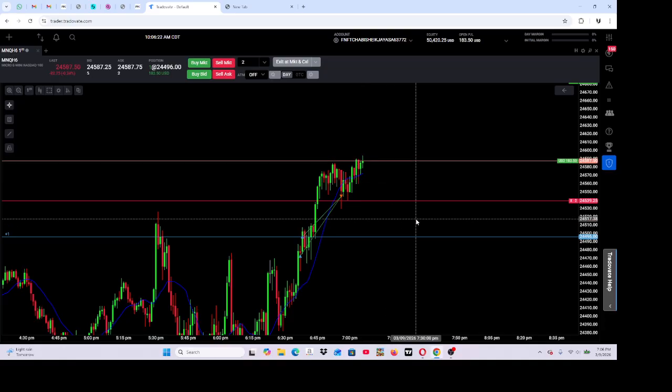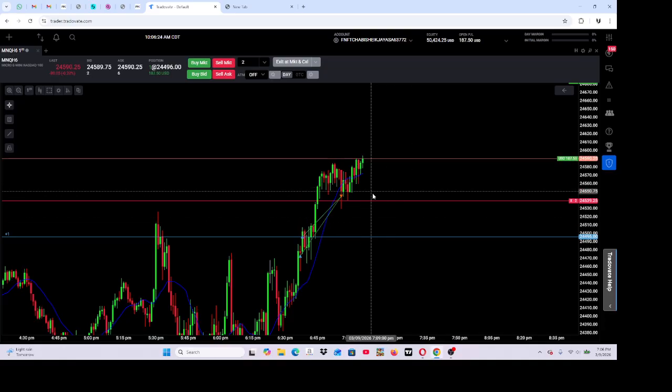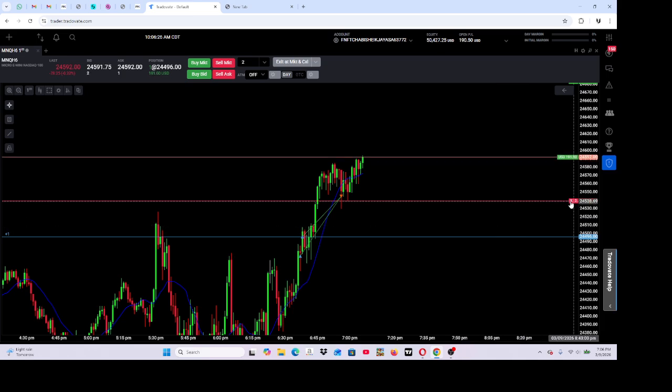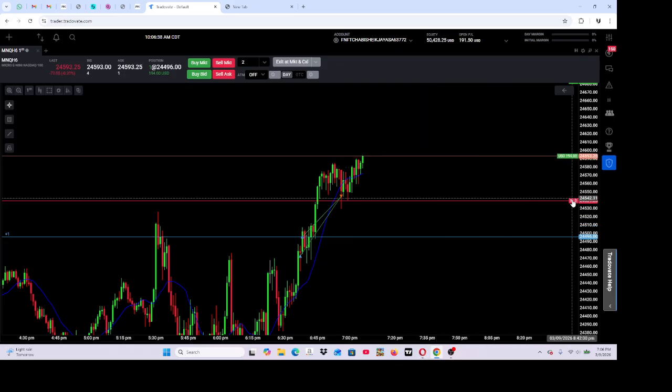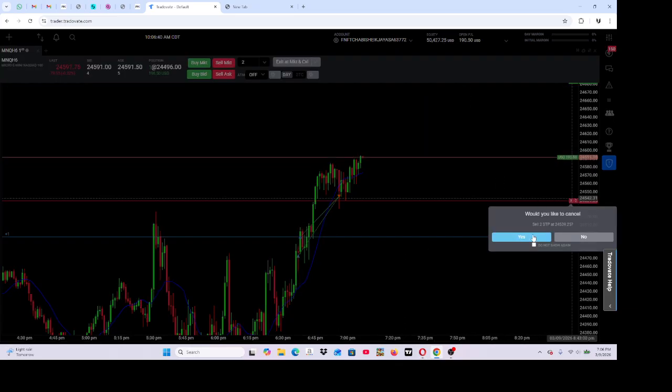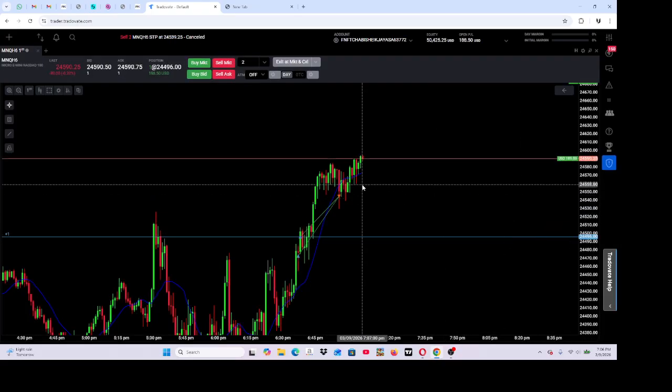Still in the consolidation state. Still in the consolidation. We have equal lows. That's a huge red flag here.